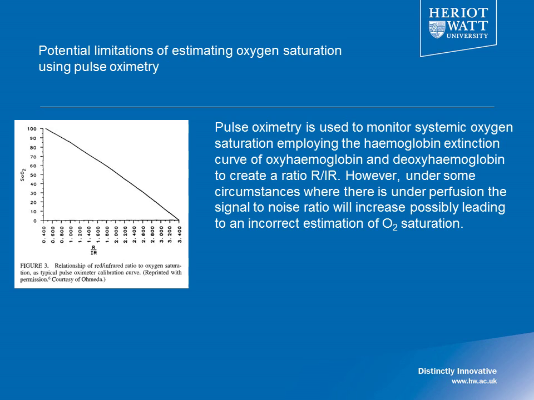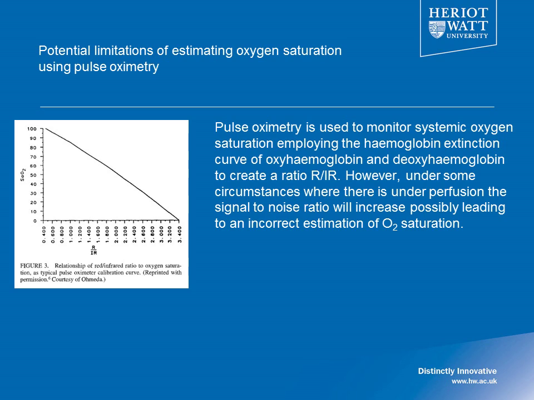And the reason why I suggest this is here we've got the red infrared ratio for oxygen saturation during pulse oximetry. So it's around about 0.4 to 0.6 when we have full saturation, and this intensity ratio increases as that saturation falls off.